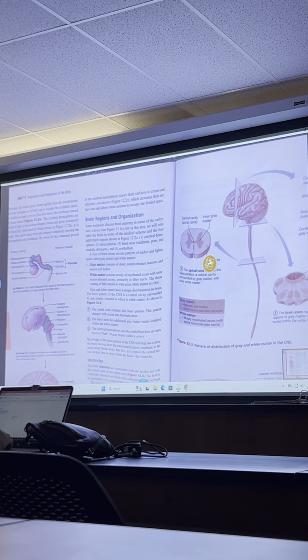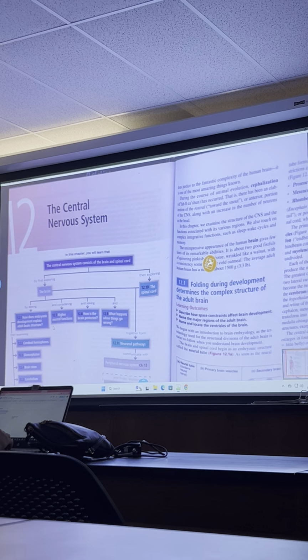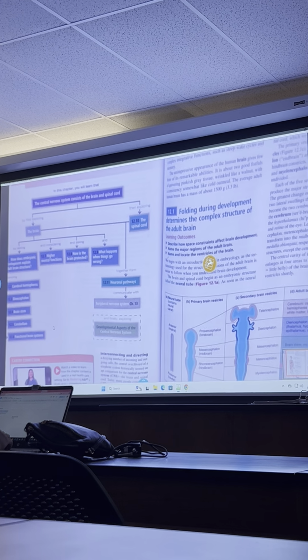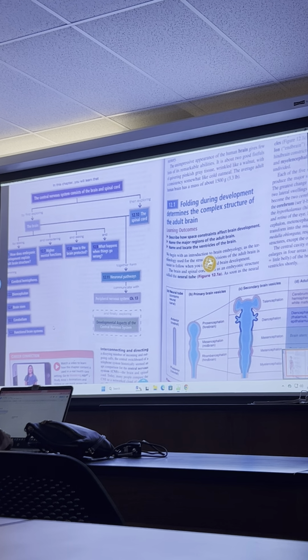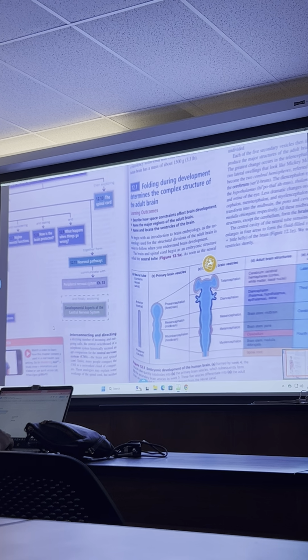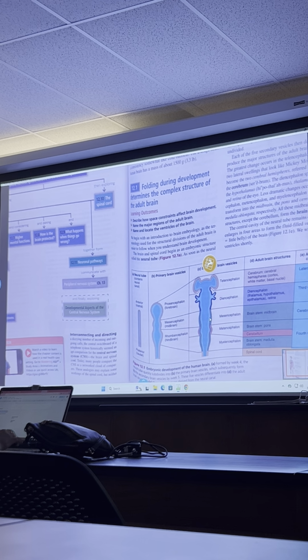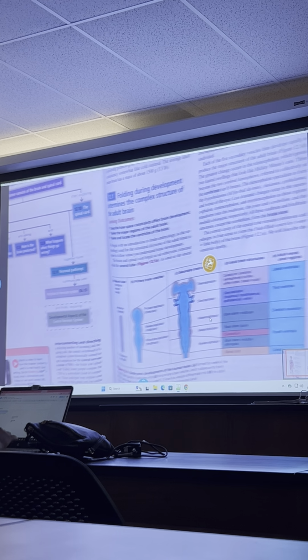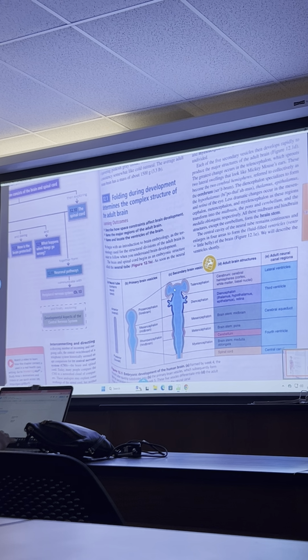So if we come back to the neural tube right here, that's the neural tube. It's going to get lumpy, it's going to have CSF inside of it, and it's going to develop, looking like something on your kitchen floor. So we want to talk about our parts. The top is the cerebrum, another name for that, telencephalon.